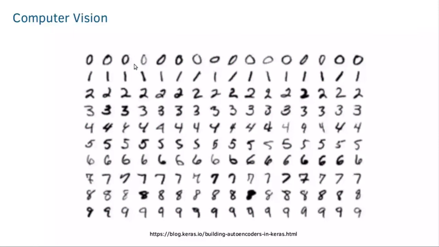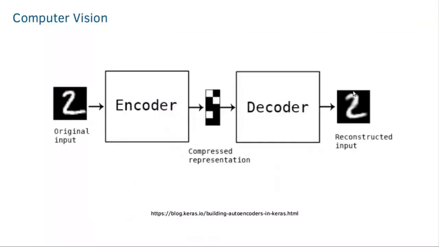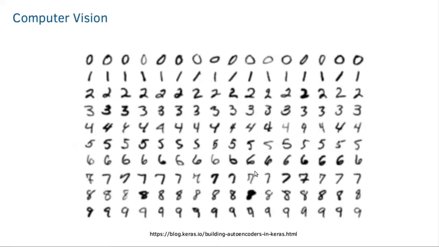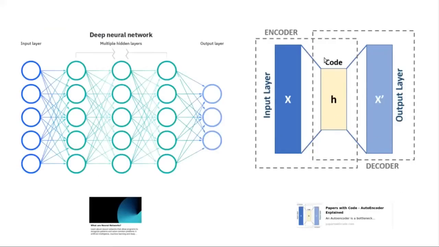And I guess the most classical example of this is in computer vision. There's this big data set of hand-drawn digits, and you can build this network. You have an original input, you encode it, and then you have a compressed representation of it. And you can actually use this compressed representation to classify and build models on your data. So it's pretty cool to do it like this.